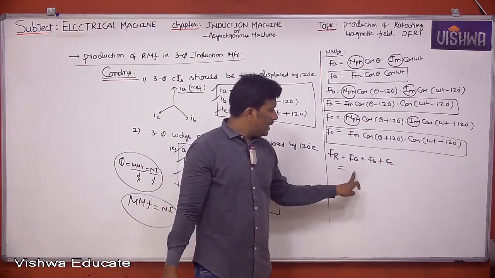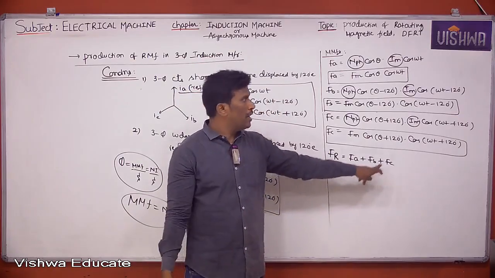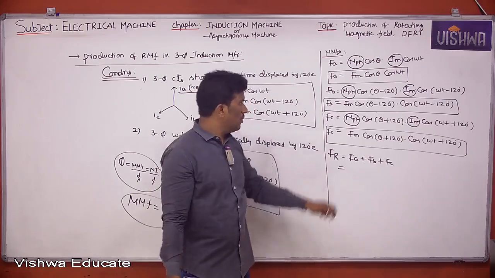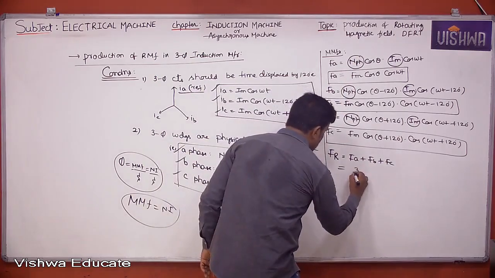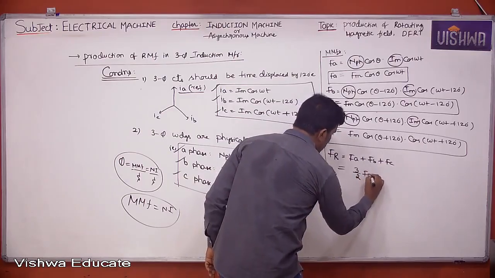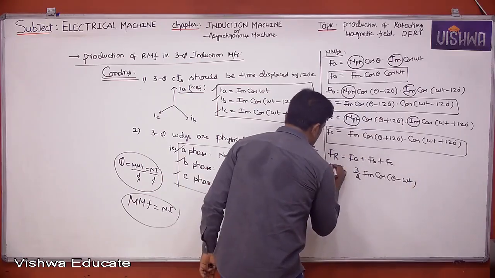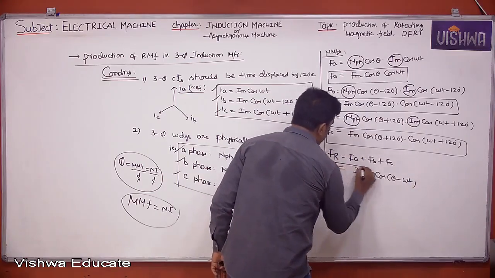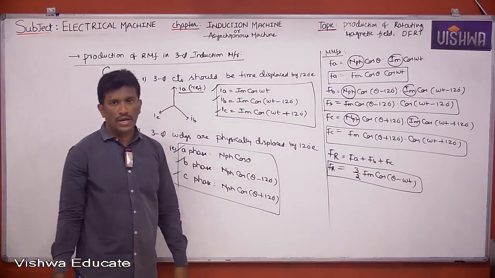Now let me write directly here one equation, but I'll tell you how this equation came by using the double field revolving theory. So if you add FA plus FB plus FC, you'll get 3 by 2 Fm cos of theta minus omega t. This is the resultant MMF wave, equal to 3 by 2 Fm cos of theta minus omega t.